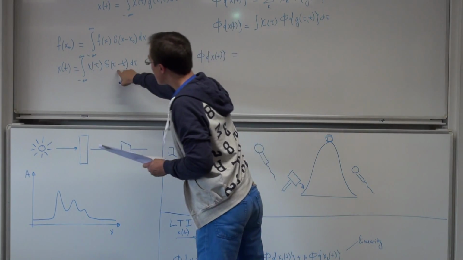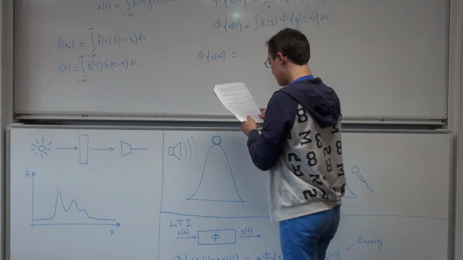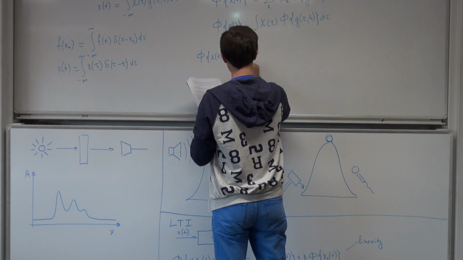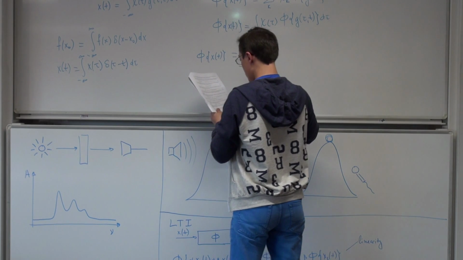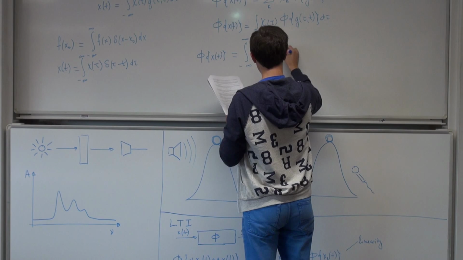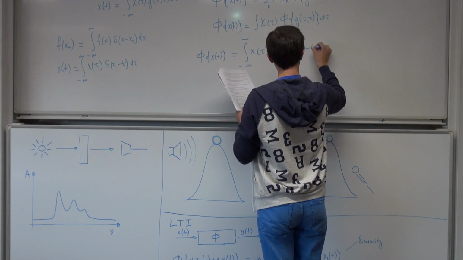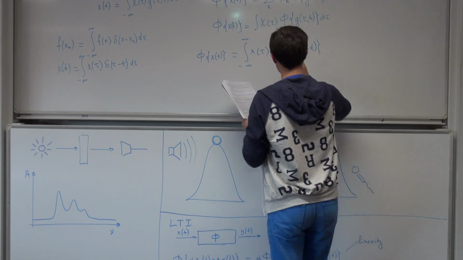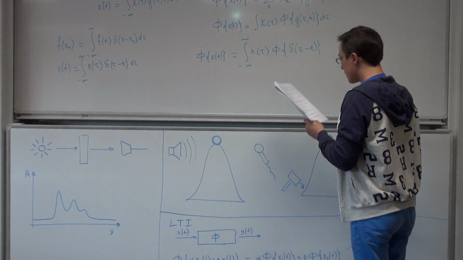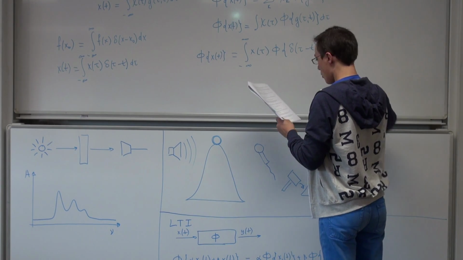So as per this relation here and this relation here, what we've got is an integral from minus infinity to infinity x of tau phi of delta tau minus t. Of course, that's the only thing that depends on time. The delta function, tau is a parameter, d tau.